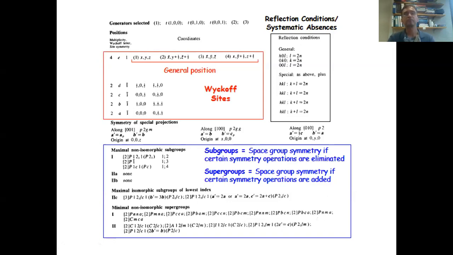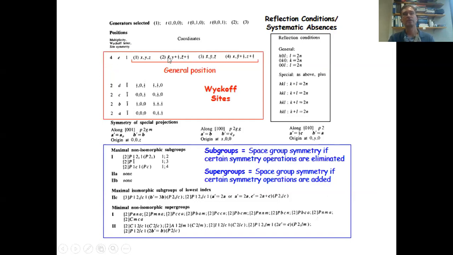Okay, so this one here is produced by the screw axis. Okay, so it has the general formula x bar, y plus a half, z plus a half.